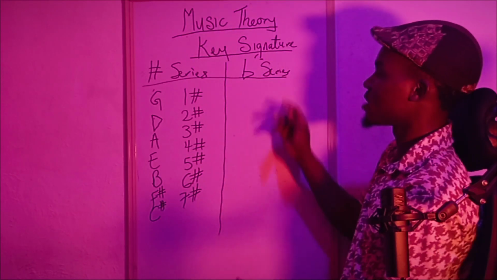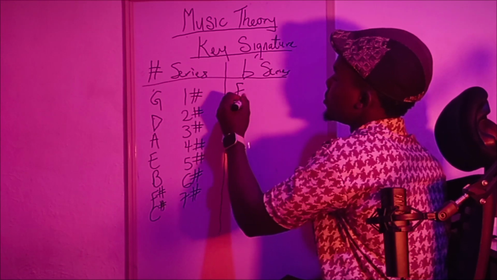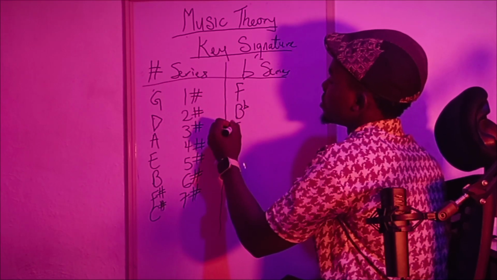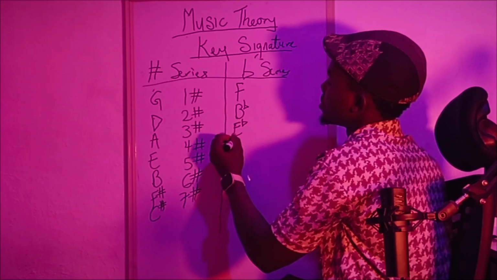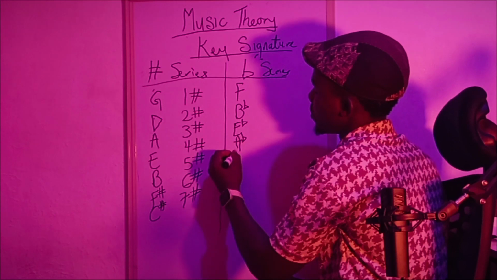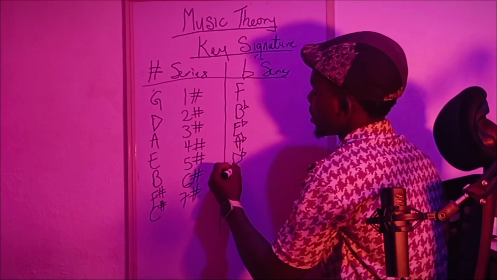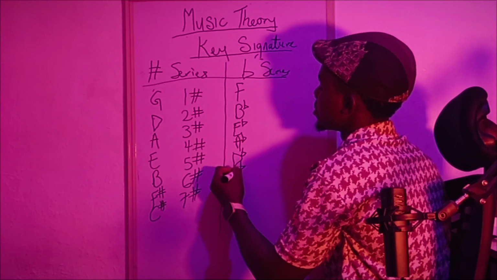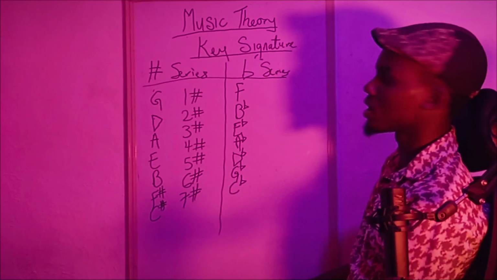So for flat series we have F, B flat, E flat, A flat, D flat, G flat and C flat. So that's for flat series.